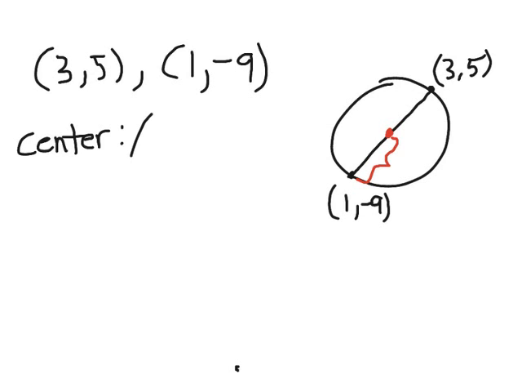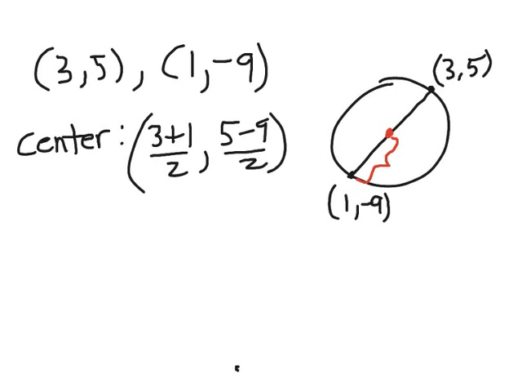Again, I add my x's: 3 plus 1, and then divide by 2. And then I add my y's: 5 minus 9, divided by 2. So that's 4 over 2, that's 2. That's −4 over 2, that's −2. So there would be the center of my circle: (2, −2).